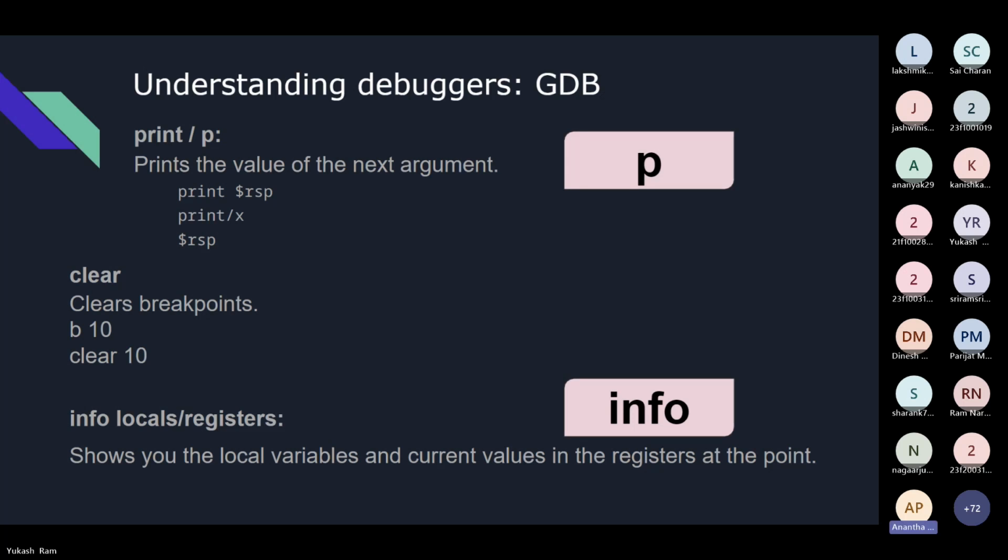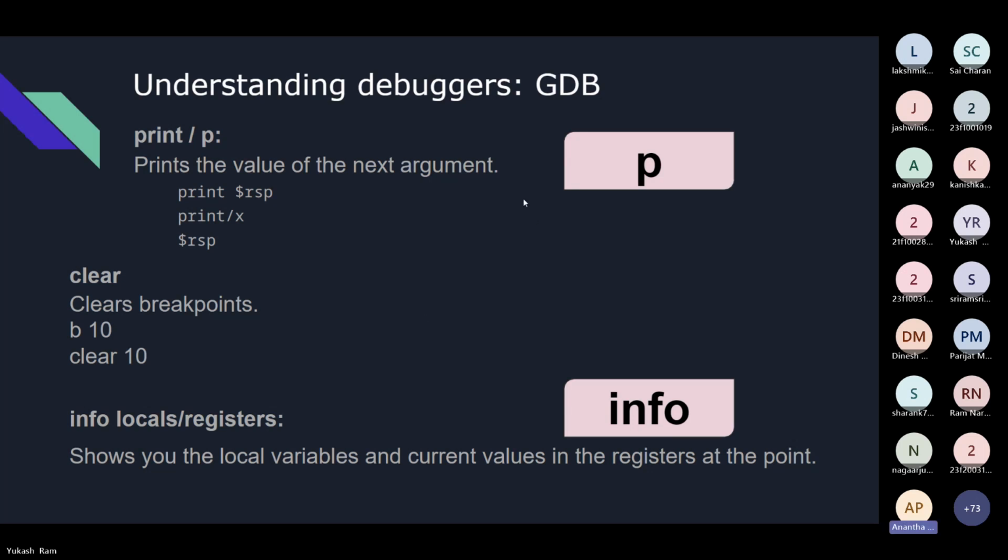The next command is print, which prints the value of any variable which you have, or it can also print the value stored in the current registers. Here you can see the first line is print $rsp. RSP is one of those registers which corresponds to the current stack pointer position, and print $rsp will return the memory address to which RSP points.